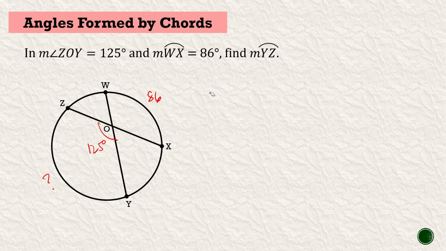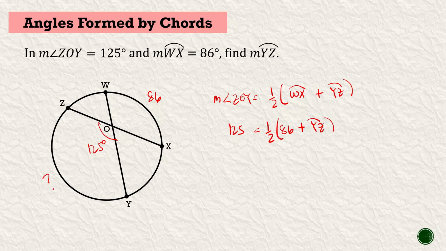Now, again, according to the theorem, the measurement of angle ZOY is equal to 1/2 the sum of arc WX and arc YZ. So the measurement of angle ZOY is given, that's 125. Arc WX is given, which is 86. What we want to know is arc YZ.